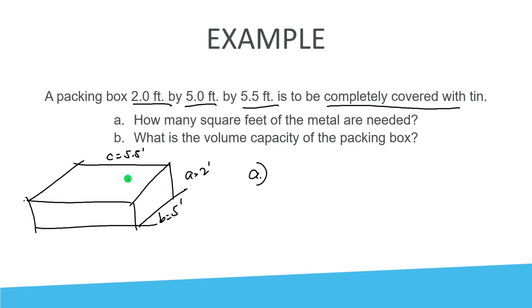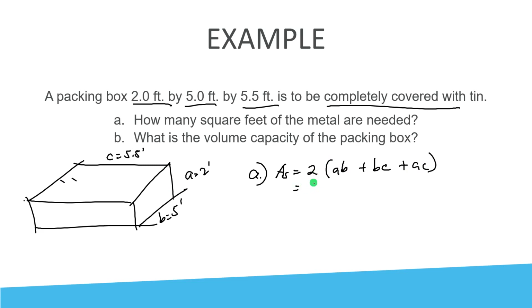So for the surface area, we can use the formula that I presented earlier of 2 times AB plus BC plus AC. Or you can just simply manually compute all of the faces of this box, since all the dimensions are given, and add them.